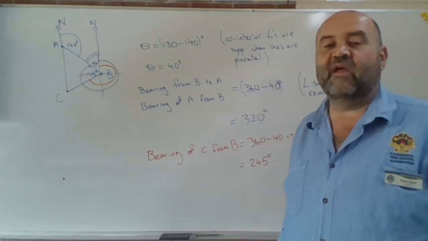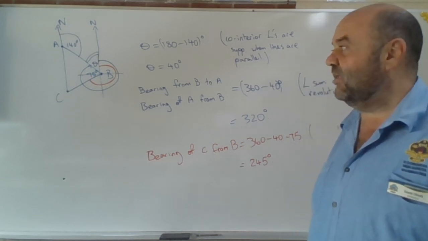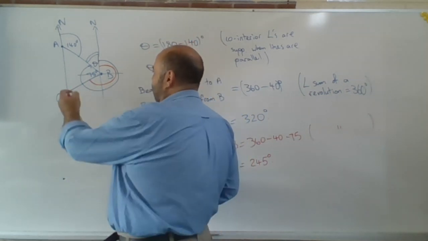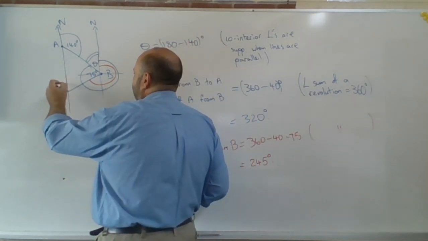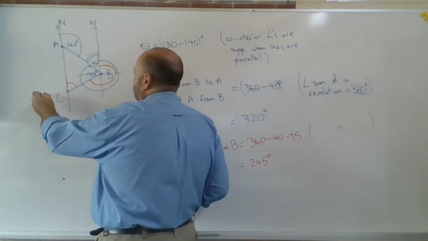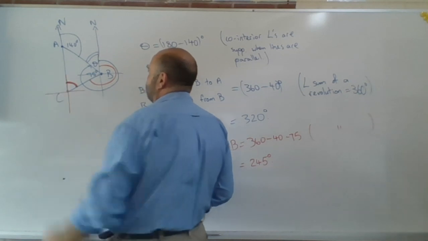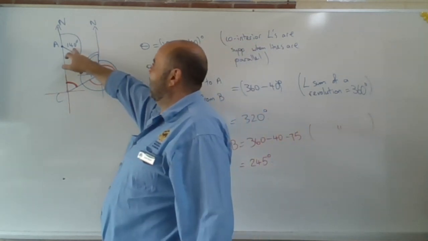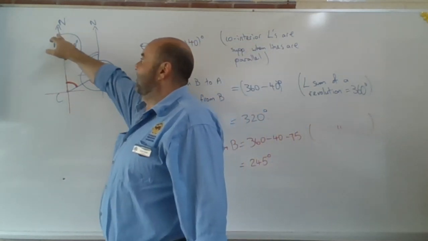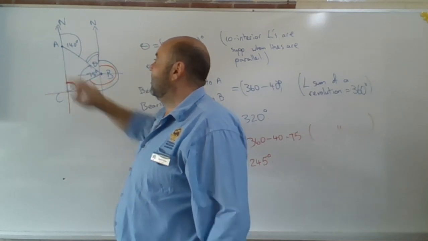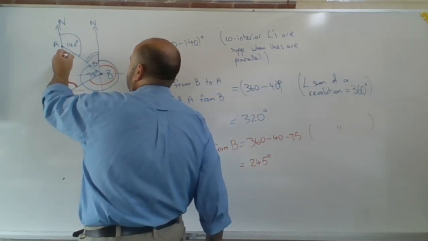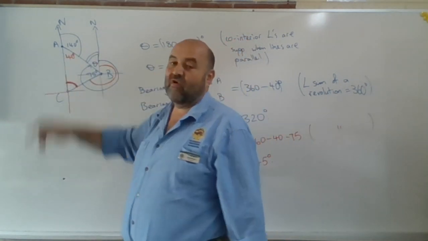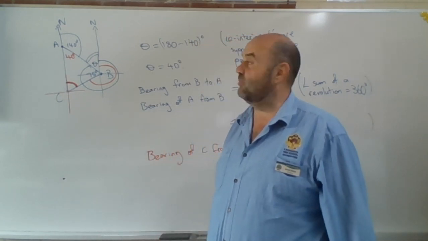Then it says find the bearing from C to B. So this time it's from C to B, and they're after this angle here. Let me complete something for you. We know that's 140 degrees up there, and this is a straight line, so this angle in here is going to equal 40 degrees. This angle here is 75 degrees, and the angle sum of that triangle has to add up to 180 degrees.